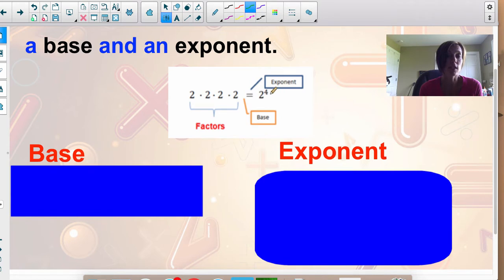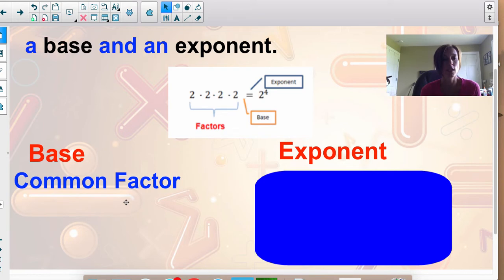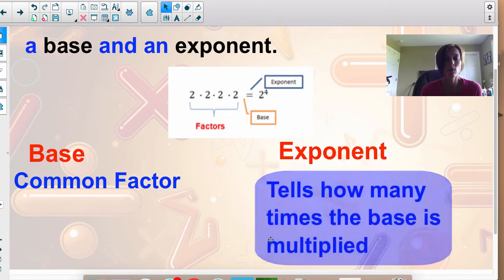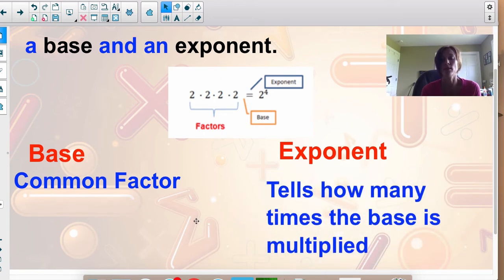And the exponent is the number that's raised up in the little script. So that is the number of times the factor is repeating. So we're going to go ahead and get those vocabulary words into our notes. We're writing common factor for our base, the number that's being repeated in the multiplication sentence. And we're writing how many times the base is multiplied for the exponent.